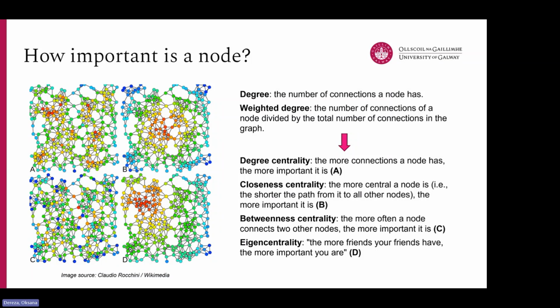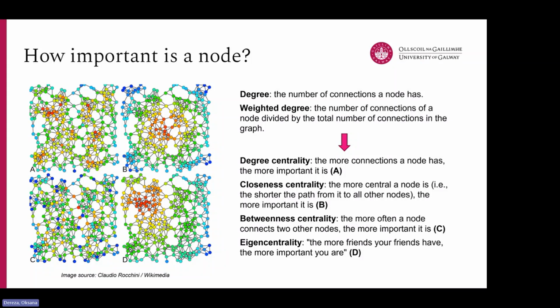So in graph theory and in social network analysis by extension, we have a degree, and a degree simply means the number of connections the node has. And then we have a weighted degree, the number of connections of a node divided by the total number of connections in the graph. So these are the two important ones.